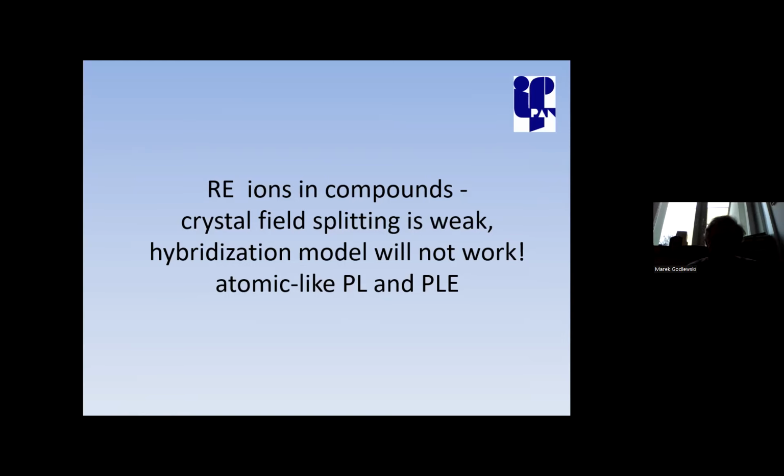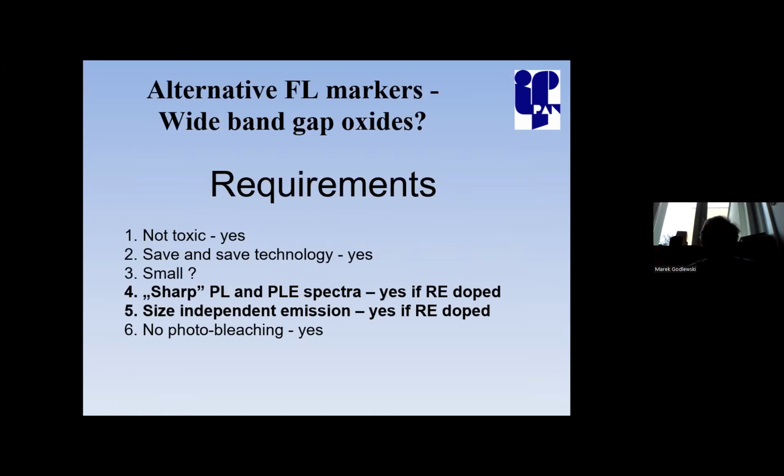So it means that we'll have atomic-like spectra. We expect that emission and excitation spectra are more or less like for atoms, and they are very weakly dependent on host, environment, splitting, and so on.